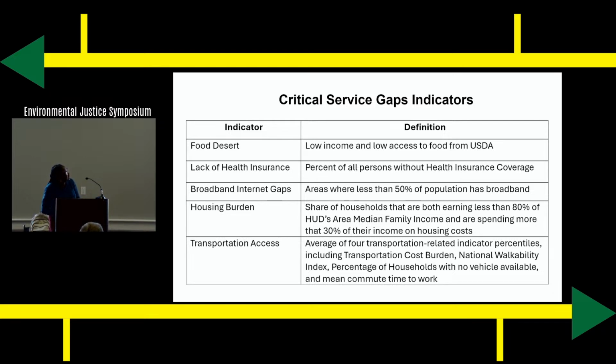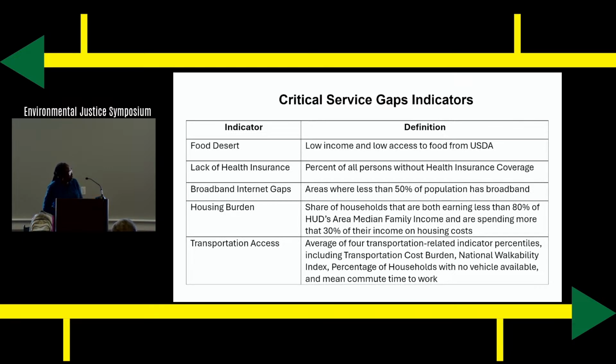Next is the critical service gap indicator. This looks at food deserts in the US. It looks at the population that lacks health insurance. It looks at the population that does not have internet access, or where 50% of the population does not have internet access. It looks at housing burden, where a household spends more than 30% of its income on housing costs.